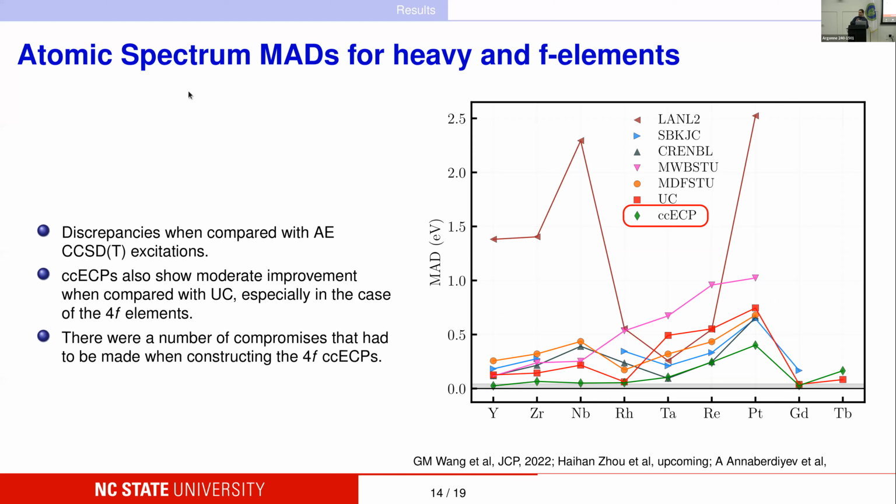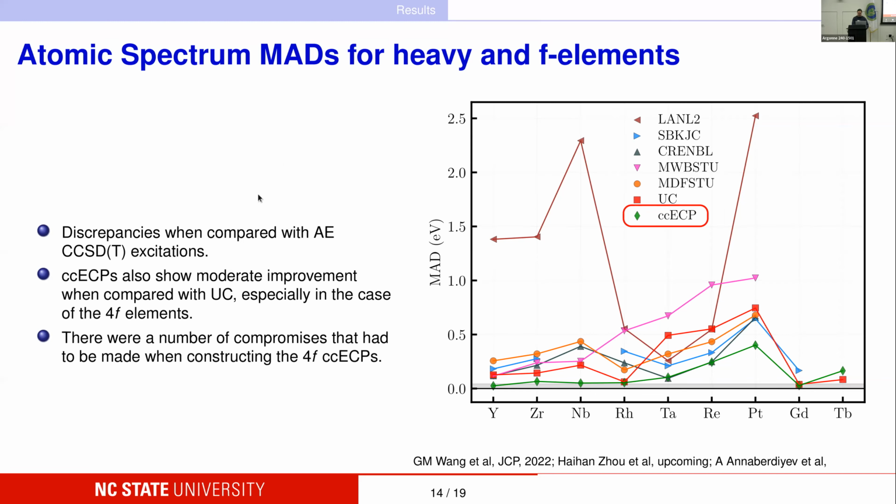So this is now moving on to our most recent work. These are yet new, different heavy elements. We added a couple more to the list, and these are a couple F elements. As you can see at the very end, we have gadolinium and terbium included in this set. So this is the same MADs format that we were seeing a couple pages back.